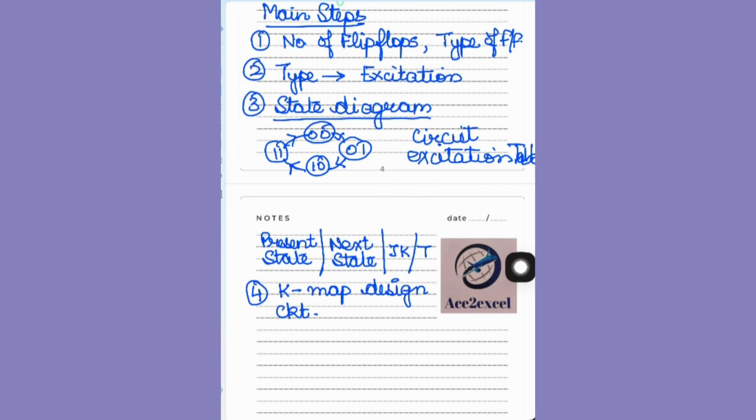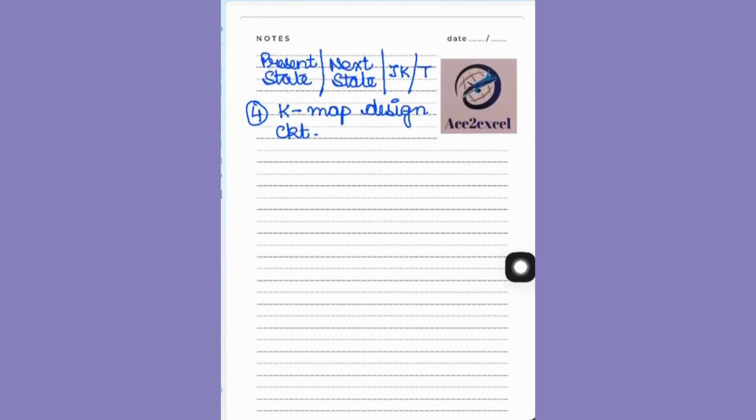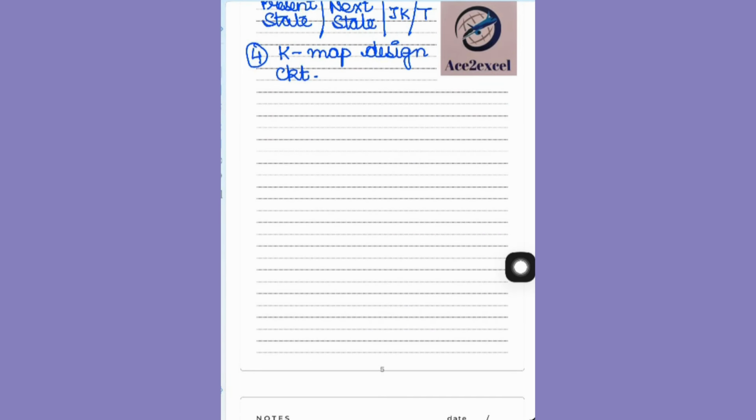Right. So now we will try to design one simple synchronous counter, and for our ease, I will be using mod 8. That means a 3-bit synchronous up counter.